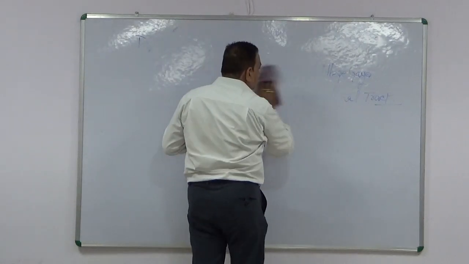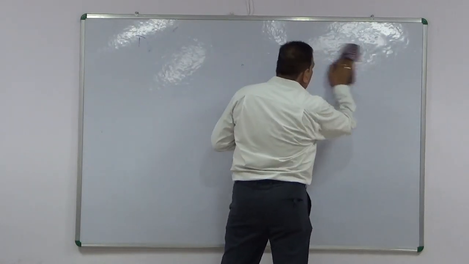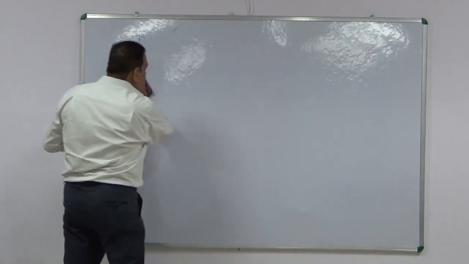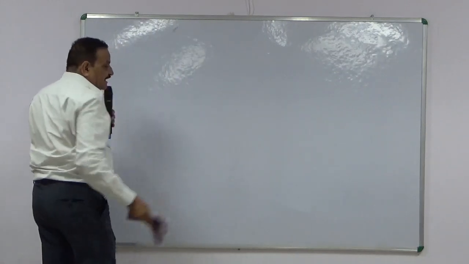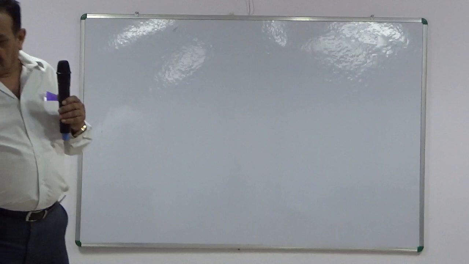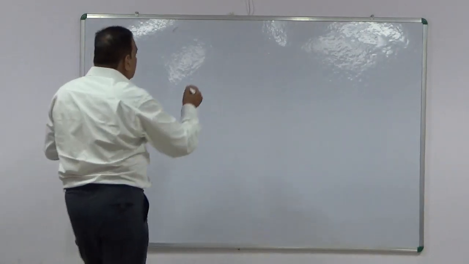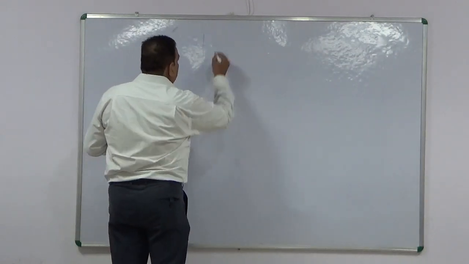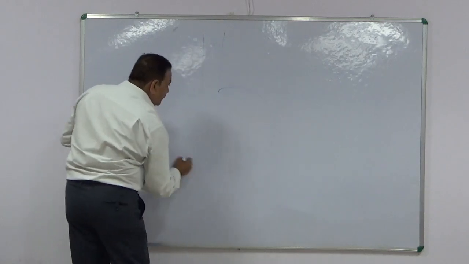One is the circular muscle which creates the inner sphincter. This is the esophagus, and this is the stomach.